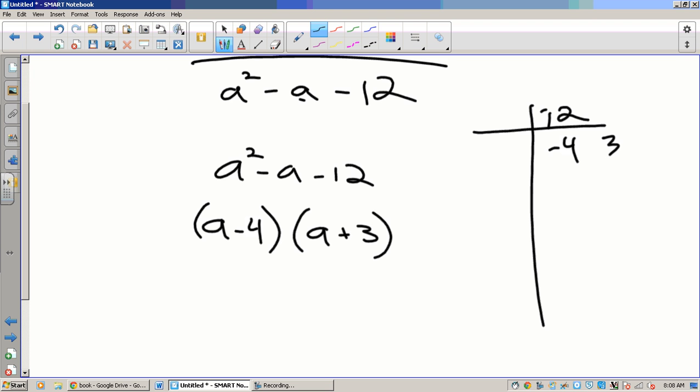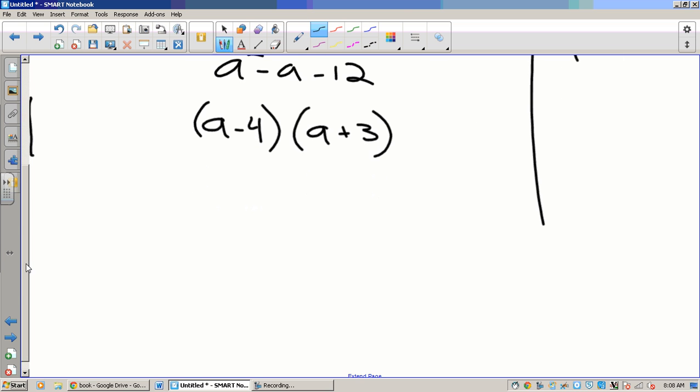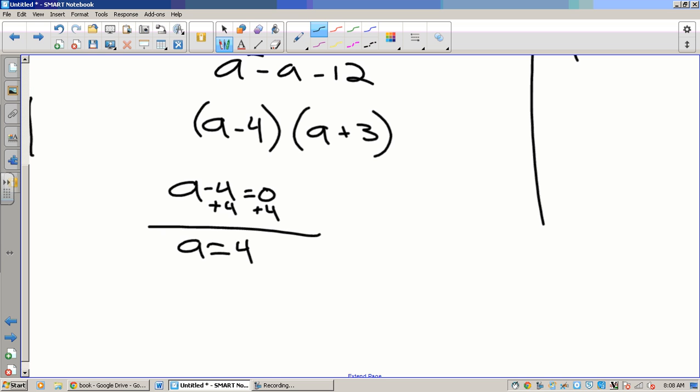Okay, so now that we factored that denominator into a minus 4, a plus 3, what are my excluded values? Samantha. 4 would make it, okay, because we make this just like before. A minus 4 equals 0, we add 4, a would equal 4.